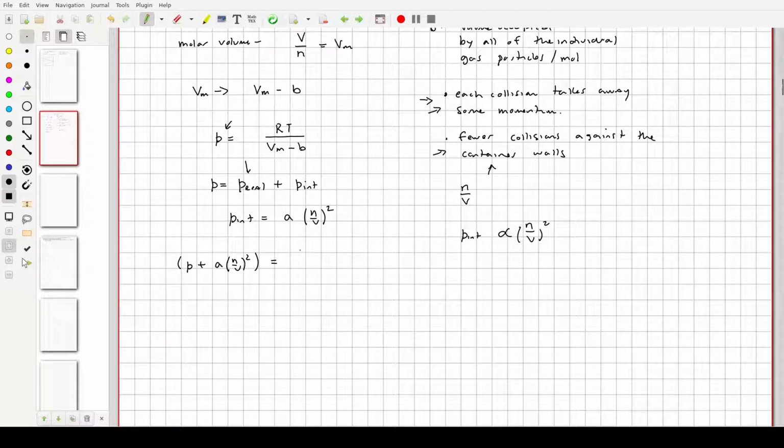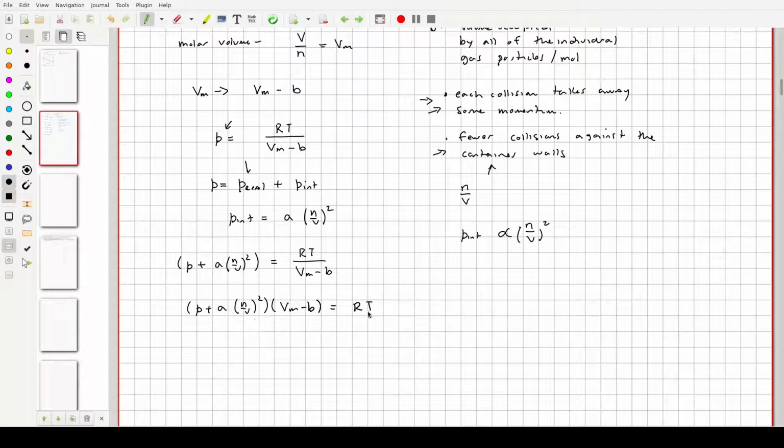And on the right-hand side, I have R times T divided by the molar volume minus the volume occupied per mole of all the particles that are there. Now, what I'm going to do next is to move this to the left-hand side. And when I do that, I get P plus A times N over V squared times V sub M minus B is equal to R times T.